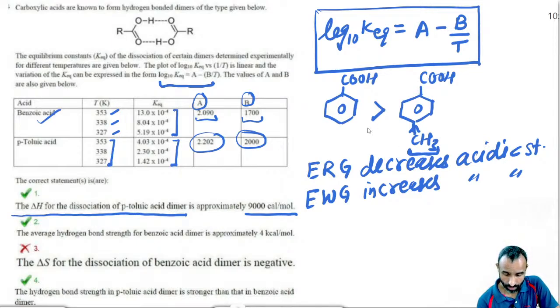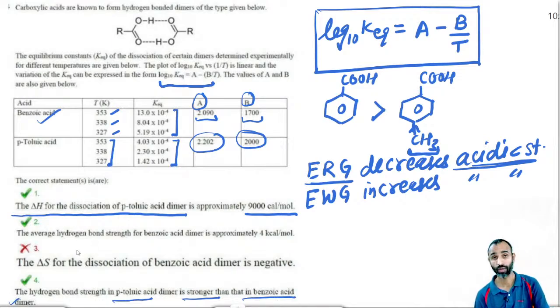I have just told you that an electron releasing group decreases the acidic strength. So that means hydrogen bond strength in paratoluic acid dimer is stronger than in benzoic acid dimer. That we will see from these expressions.